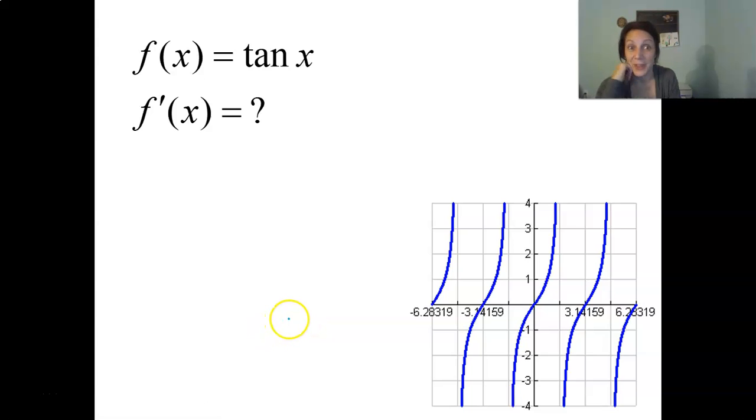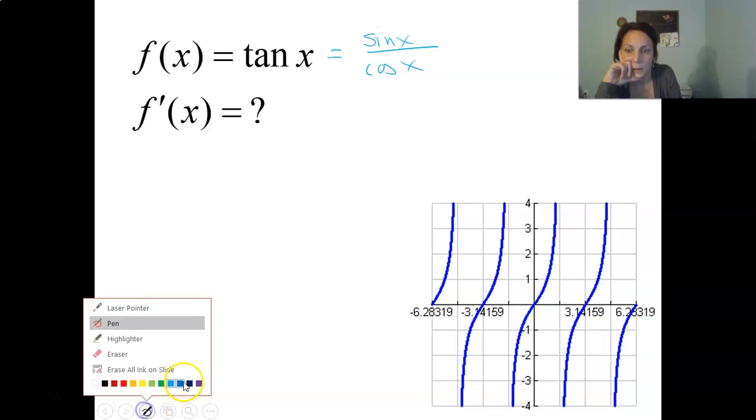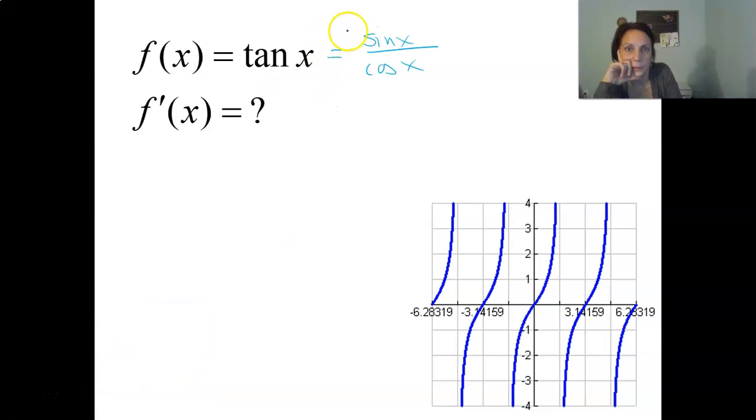Okay. So, as I said before, as long as you know the derivative of sine and cosine, you can find the derivative of any trig function. So for example, tangent, I can rewrite in terms of sine and cosine, right? I know that the tangent is just sine x over cosine x. And so if I want to know the derivative of tangent, all I have to do is rewrite it as sine over cosine, and I can use the quotient rule. So I have a numerator and a denominator.